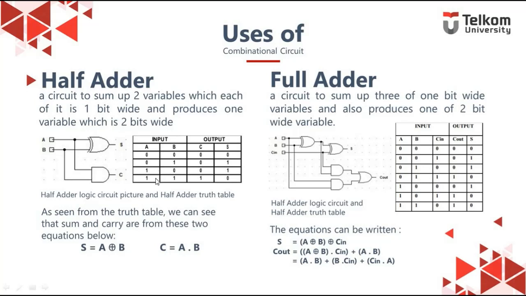And then A and B, 1 plus 1 equals 0, because this is a binary operation, so there are not 2, 3, 4 or more numbers. There are only 1 and 0. And then the carry's value becomes 1.